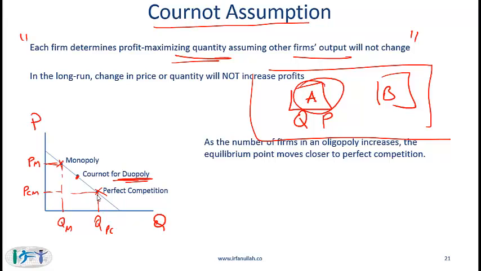However, it can be shown that as the number of firms increases, so here we have 2, but as this number increases to 3, 4, 5, 6, etc., then the equilibrium point moves closer and closer to the perfect competition point. Here I'll make a general remark.